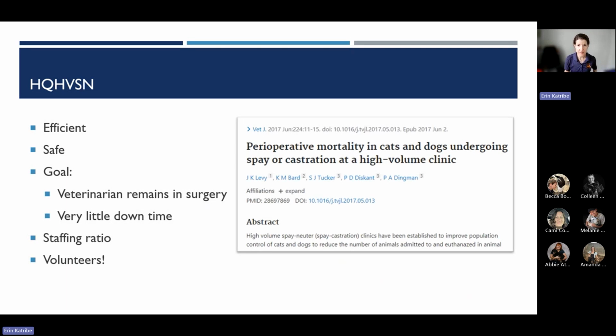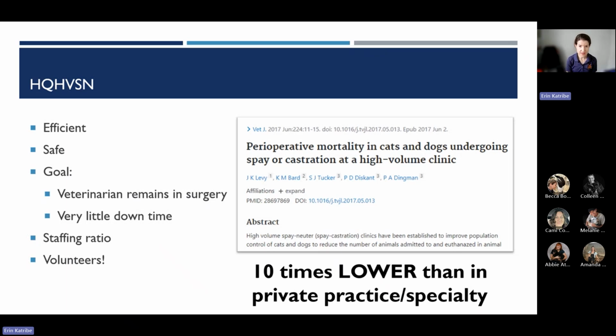This was a study that compared perioperative mortality in cats and dogs undergoing spay and neuter at a high volume clinic. And the study actually found that overall mortality risk was 10 times lower than for animals undergoing elective procedures in private practice or specialty. And this is not unlike what we find in human medicine, that when clinics and facilities focus on a single procedure, surgical complications are also much less, right?